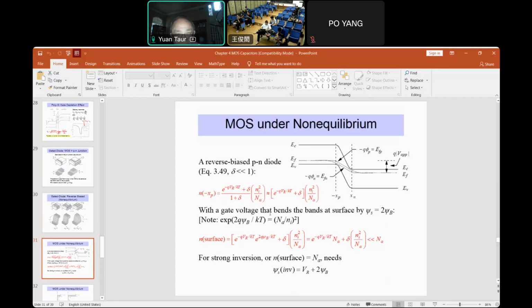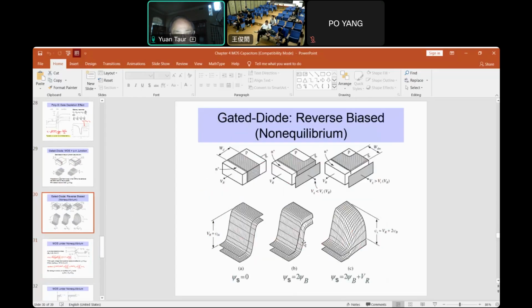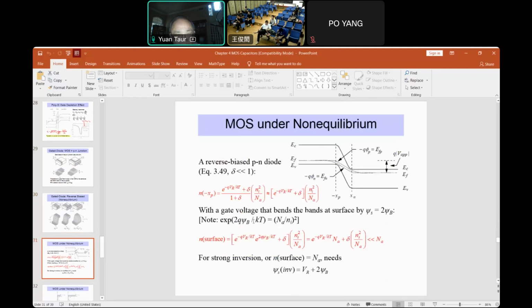So when we apply a gate voltage that bends the surface by 2 psi B, which means I multiply the first term by e to the 2 psi B over KT, which is equal to NA over NI squared, this equals NA times e to the minus QVR over KT, which is much less than 1.